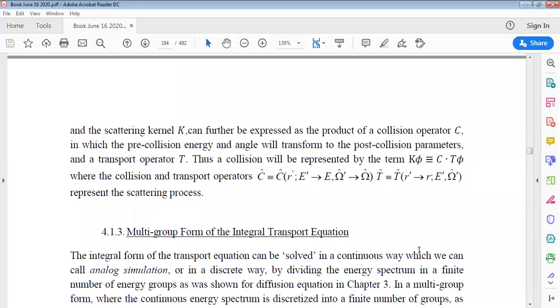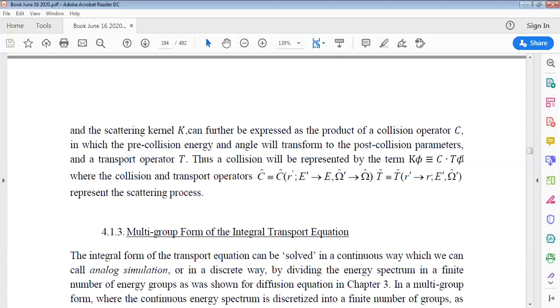Now I told you that the indirect contribution comes from all other phase spaces P prime, which undergo collisions. And when you multiply the collision density in P prime by a scattering kernel, then you look at the contribution into the phase space that you're interested in, which is R omega E T. And so K is a product of a collision operator C and a transport operator T. So if you look over here, K phi is C multiplied by T multiplied by phi.